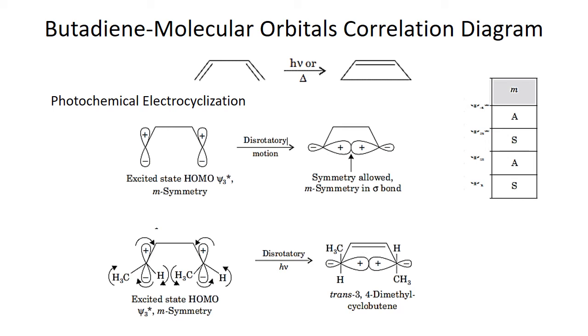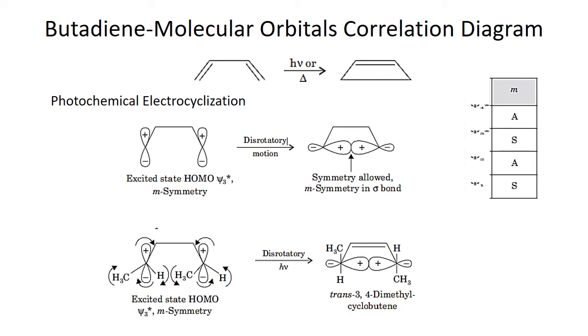But when they go into the closed chain structure, their CH3 groups shall be either cis to each other or trans to each other. Because it is going to be disrotatory motion, the orbitals have to move in the opposite direction. If one orbital moves clockwise and the other moves anticlockwise, one CH3 is going to be up and the other one down. So in this case we get trans 3,4-dimethylcyclobutene.